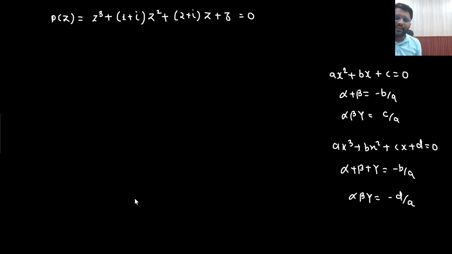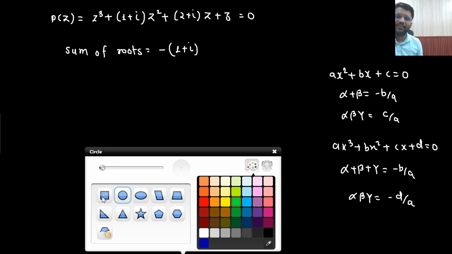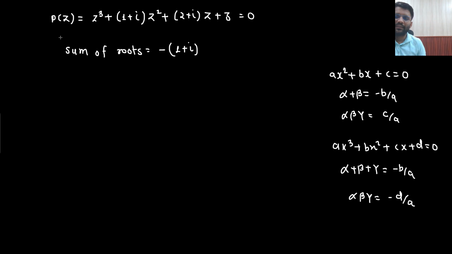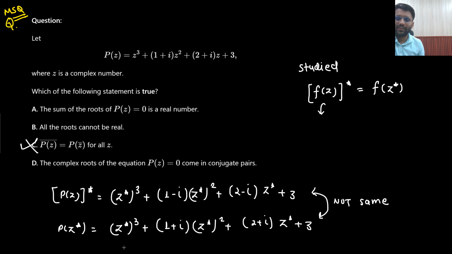I am directly writing sum of roots because these alpha beta I will use later on. Sum of roots will be this. This is the sum of roots. So what are they saying? The option is: the sum of roots of pz equals to 0 is a real number? No, it is not correct. There was no doubt, it will not be correct at all.